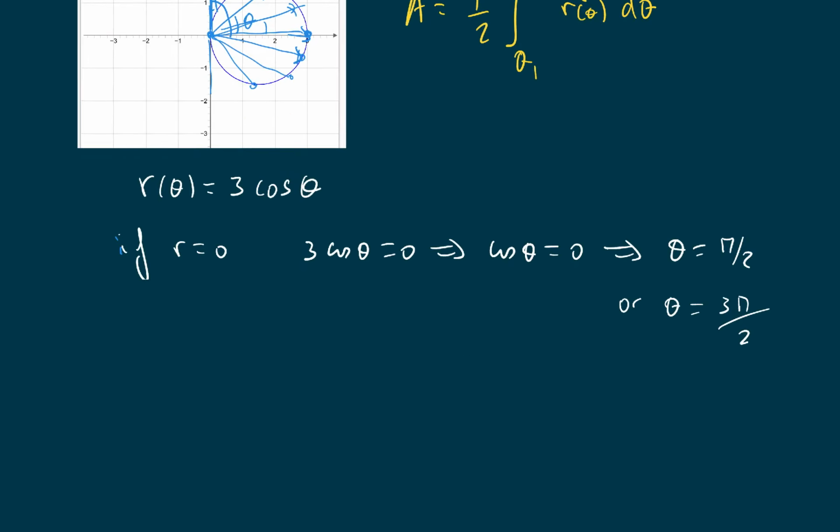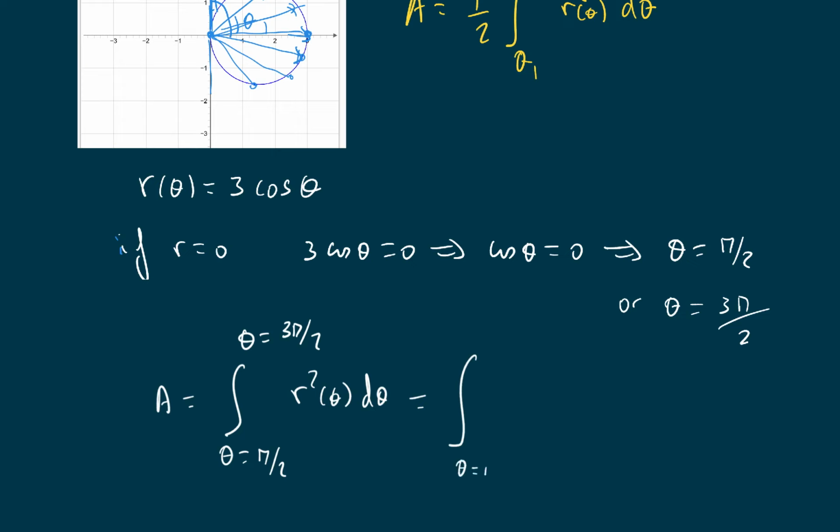So I will do this integral. The area is the integral from theta equals pi divided by 2 to theta equals 3 pi divided by 2 of r squared of theta d theta. But r is 3 cosine of theta, so it will be 9 cosine squared of theta d theta.